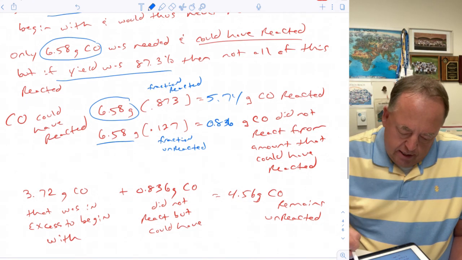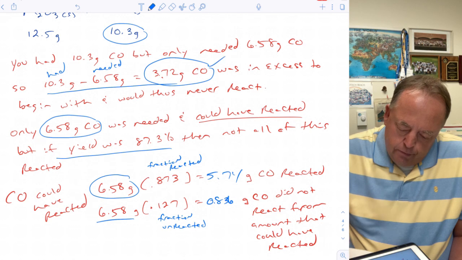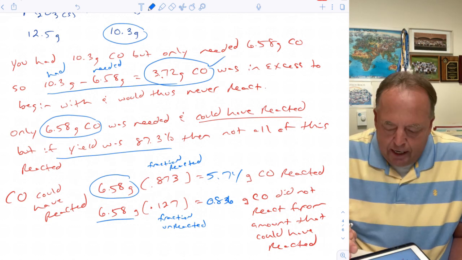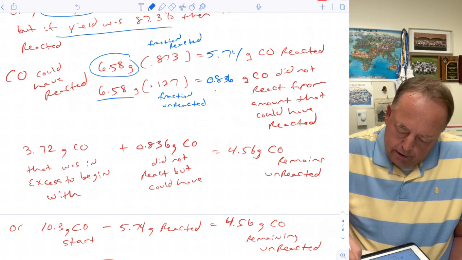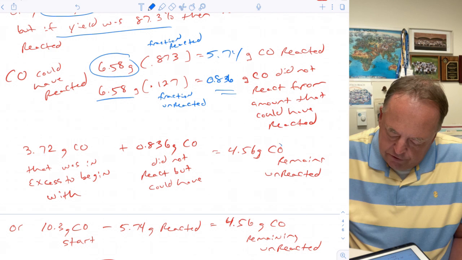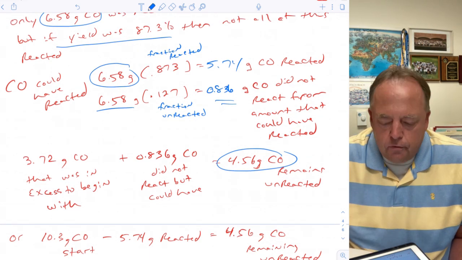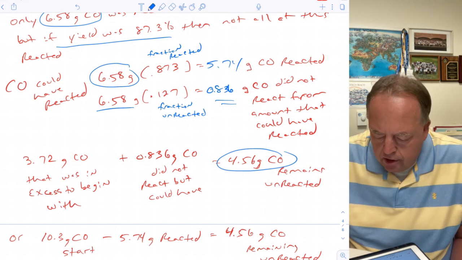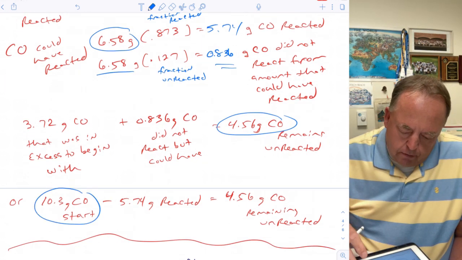Okay, so now let's take these two numbers and add them together. The 3.72 that was never going to react because it was in excess, plus the 0.836 that did not react but could have reacted, gives you 4.56 grams of carbon monoxide left in the flask unreacted. Or there's another way to get that number. We started with 10.3 grams of carbon monoxide, right?